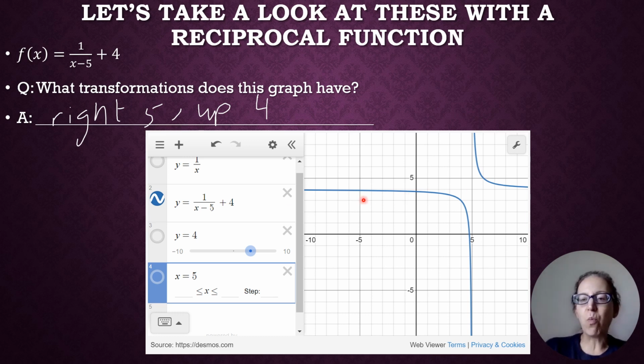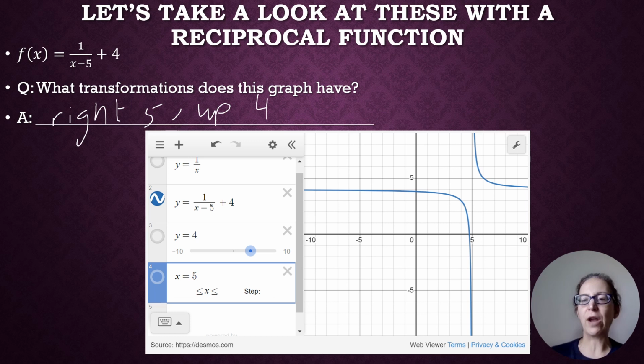Now, what are the asymptotes here? So the asymptotes are, in this case, vertical and horizontal lines. Now, there are things called oblique asymptotes, and those are asymptotes that are at an angle, and you can find those by doing some polynomial division. But if I look at the blue function, I'm going to go ahead and hide the red one there.